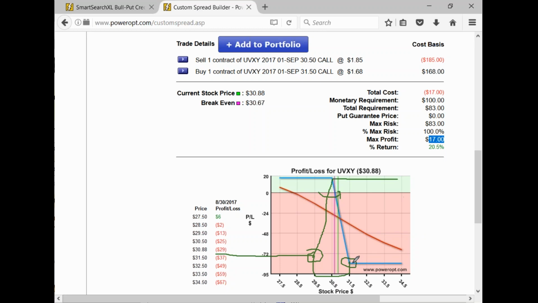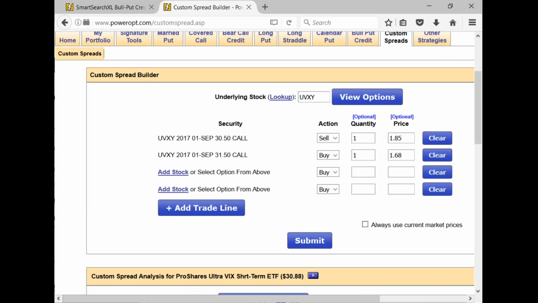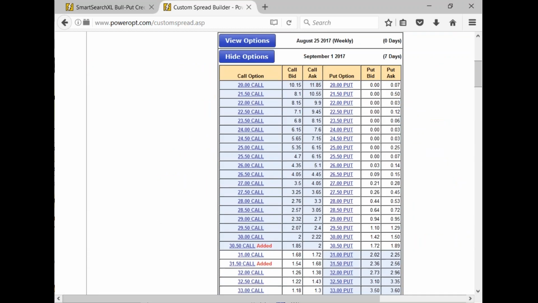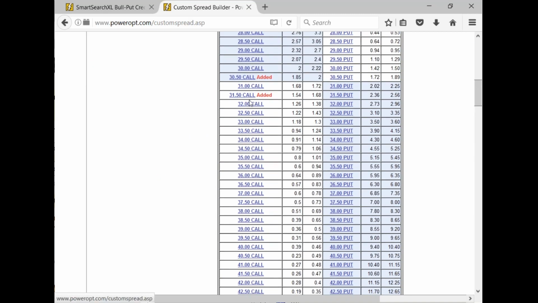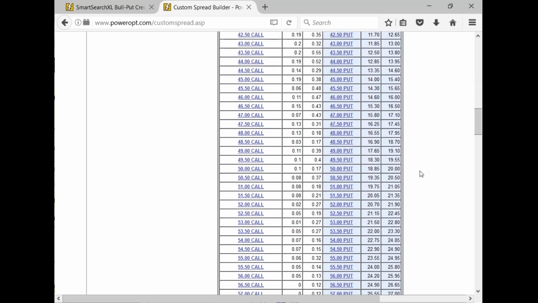It only works, of course, if the debit between these two minus the initial net credit is less than the new difference in strike prices of 1 point. Okay, so let's synthesize that. How would that work? Again, it's being threatened. I want to do one move. I'm going to sell to close my long 31.50 and buy to open a 29.50 call.